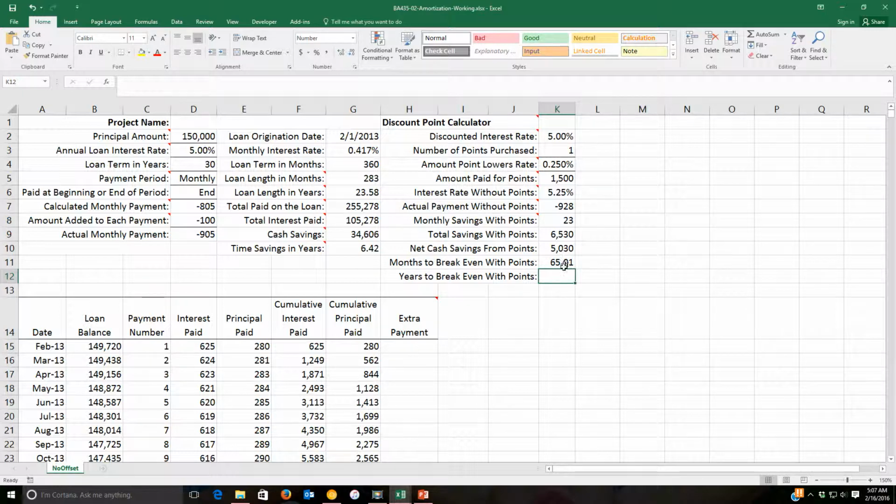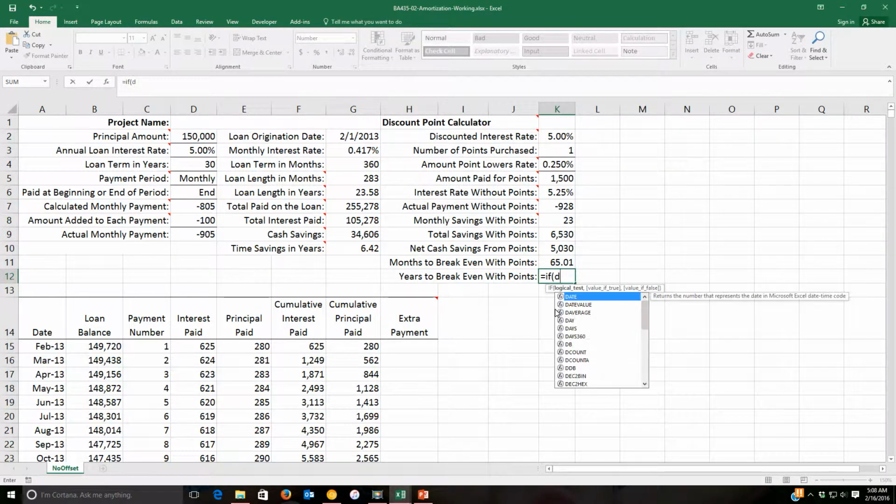And for this value, we're going to need to find what portion of our loan term this represents. So we're going to do a calculation here. Remember that if the user selected yearly, this will be the answer. This line won't be here, so we need to eliminate it. So we're going to take the value in cell D5, and if it equals yearly, we'll set this cell to blank.